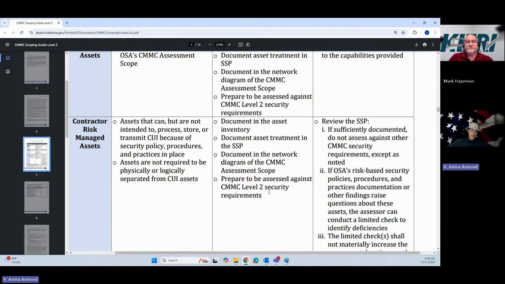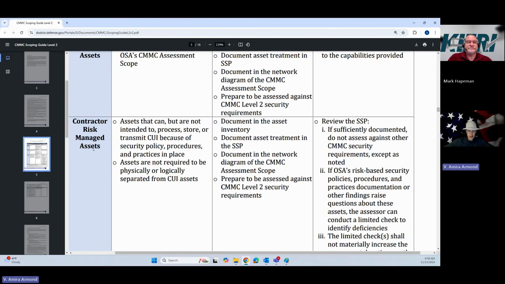And then in the commentary, they said, look, because these assets have access to CUI, because they are on the same network as CUI, because they can open a link to that CUI asset, that file server, that workstation, whatever, the DoD says we actually consider these things to be CUI assets, but we're going to be kind to the defense contractors and we're going to not assess them.